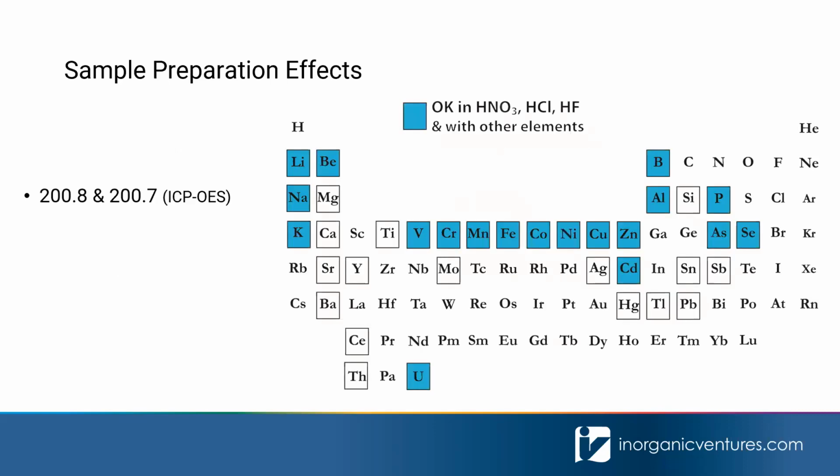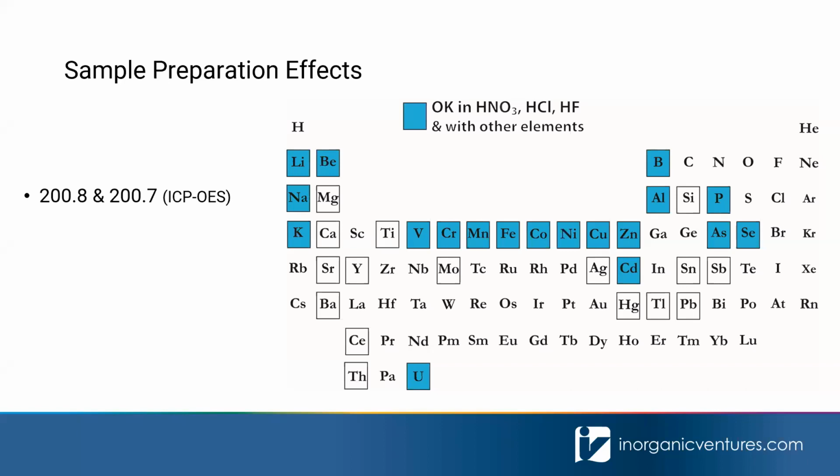So, sample preparation effects. Now we're back to my favorite picture of the periodic table, and we're going to see this for a number of slides moving forward. In this example, what I've done is I've taken the 200.8 elements and I've expanded the list a little bit. And I've included elements that you'll find in the EPA method 200.7, which is focused on ICP-OES.